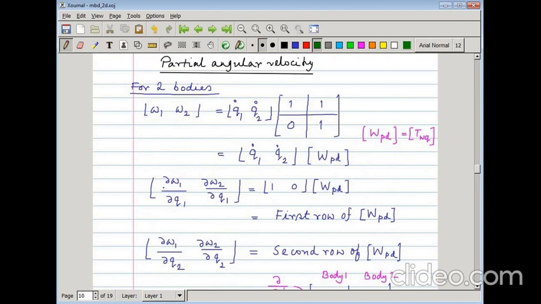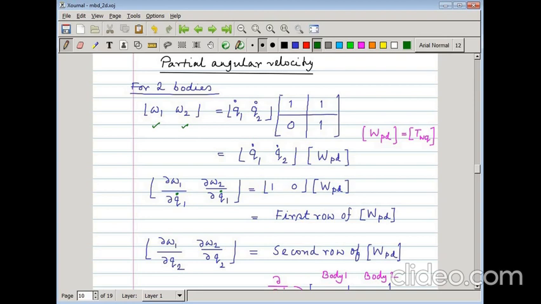Now what about the partial angular velocities? So here there are 2 angular velocities, omega 1 and omega 2, which can be written like this for 2 bodies. And if you take del omega 1 del q1 dot and del omega 2 del q1 dot, so if you do this, that means this matrix will get differentiated by q1 dot.